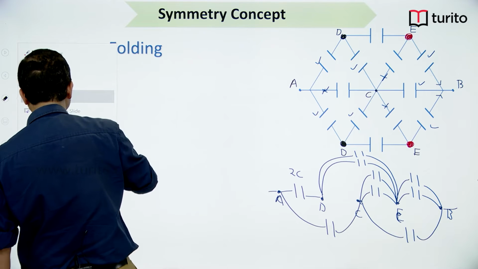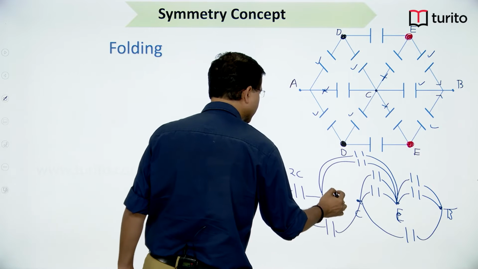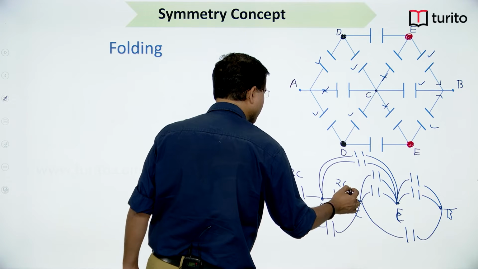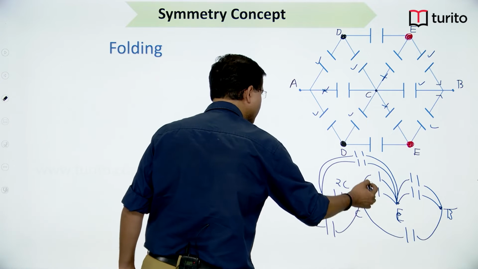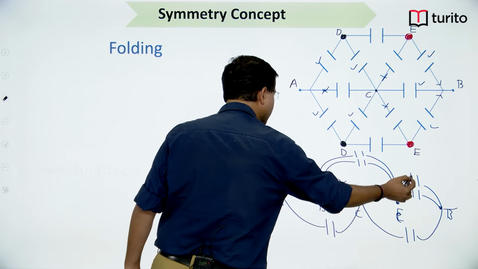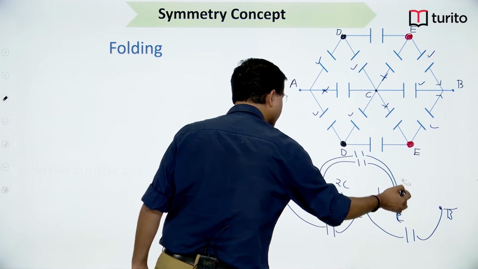Then these two will also become 2C, right. These two will become 2C, these two will become 2C, right.